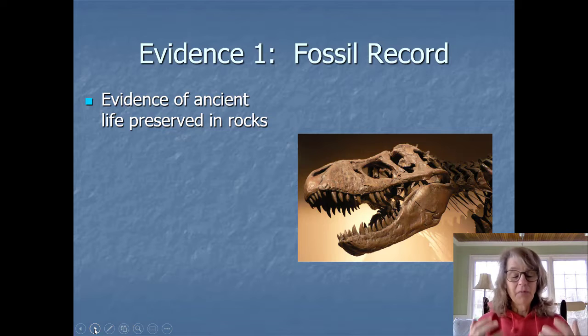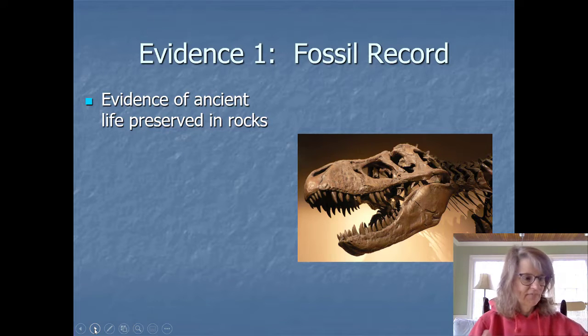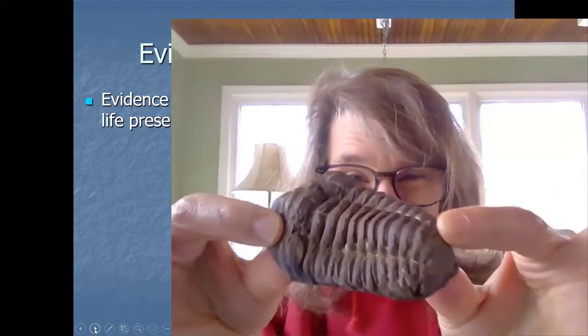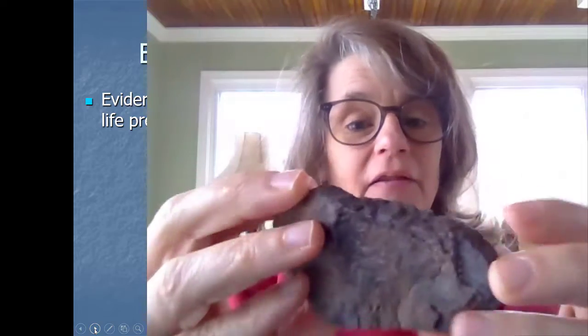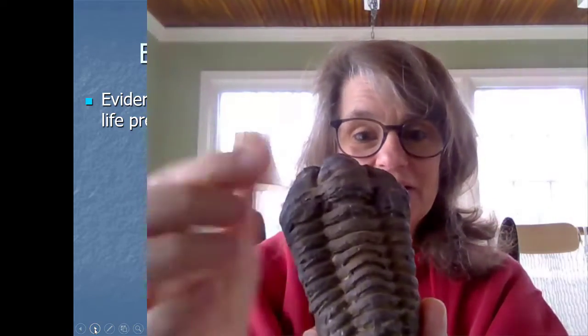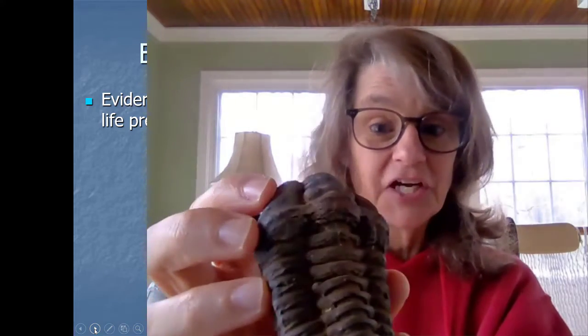We have ample evidence that life has changed over time because we see it in the rocks. This right here, can you see that? Not sure how close I can get, but this is a rock, but it has obviously got a form that is not just a rock.